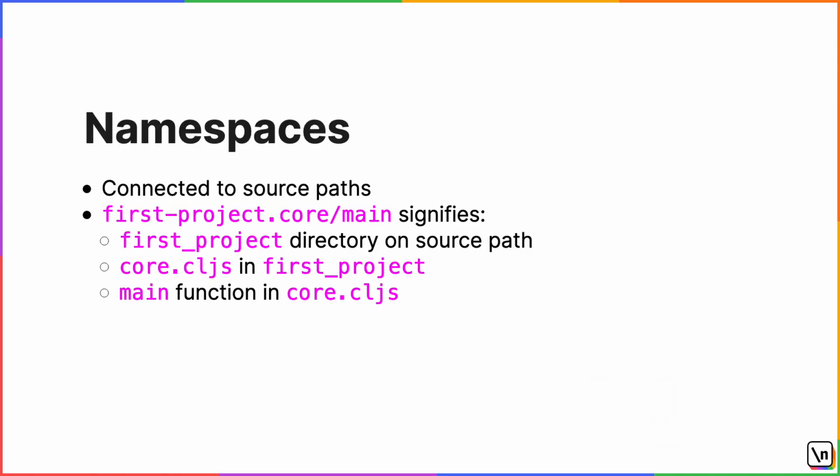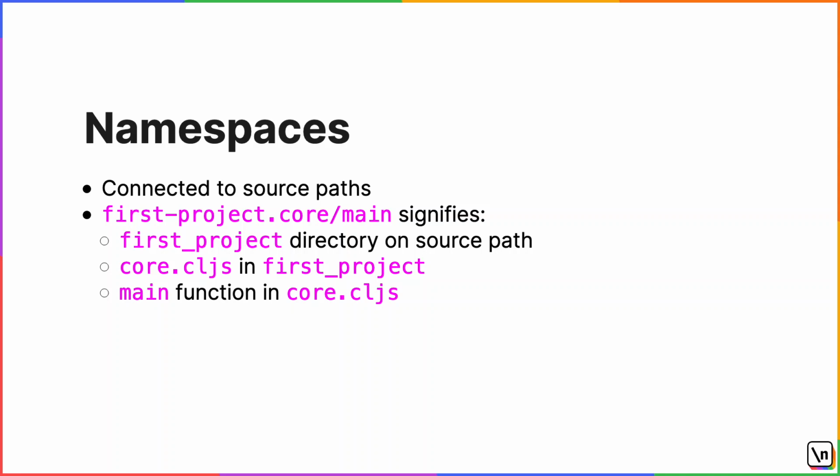Namespaces are closely connected to source paths. They also need to follow some naming rules. In our example, when we refer to firstproject.core/main, we are referring to a directory named first_project that exists on the source path, i.e. at src/first_project.